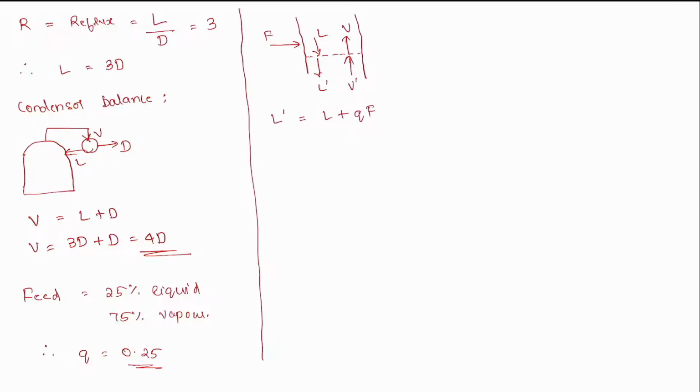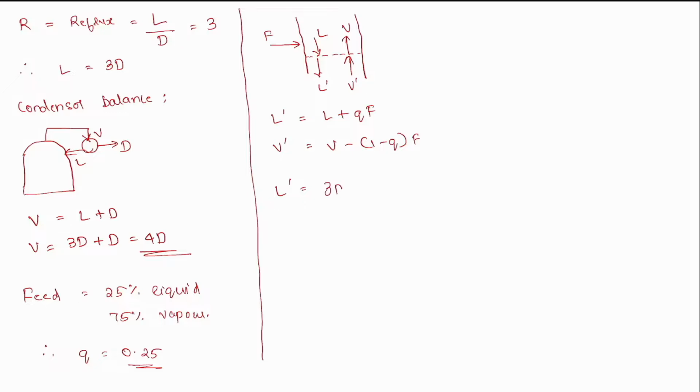L bar is equal to L plus QF, V bar is equal to V minus (1 minus Q) into F. L bar, the liquid going out of the feed tray, is equal to L, the liquid coming into the feed tray, plus Q into F, the fraction of liquid coming into the tray from the feed. Similarly, V bar is the vapor entering the tray, which will be equal to the vapor V going out of the tray minus the fraction of vapor in the feed, which is (1 minus Q) into F.